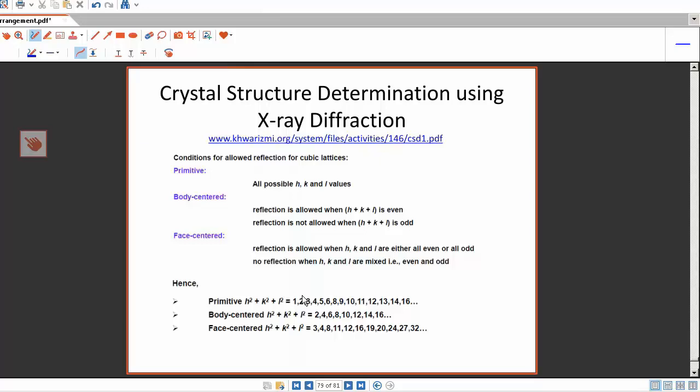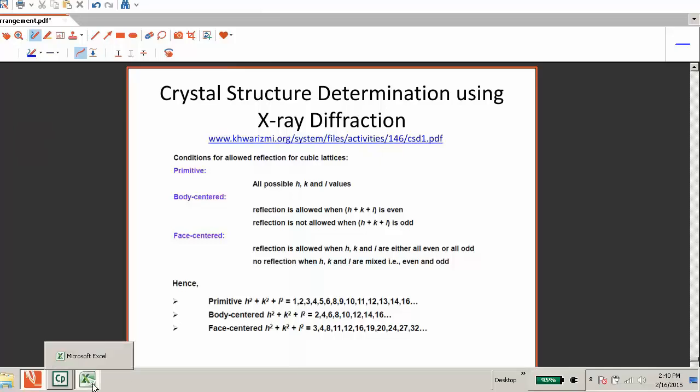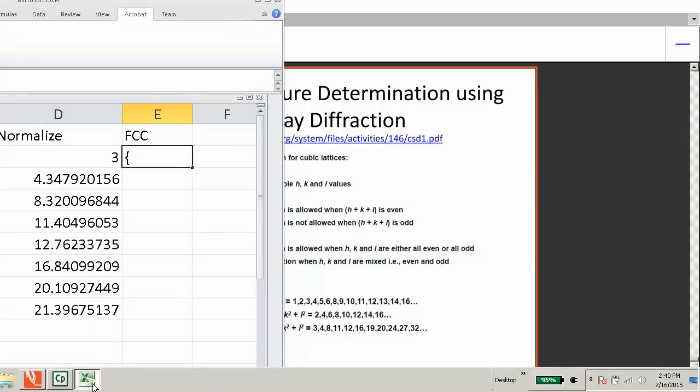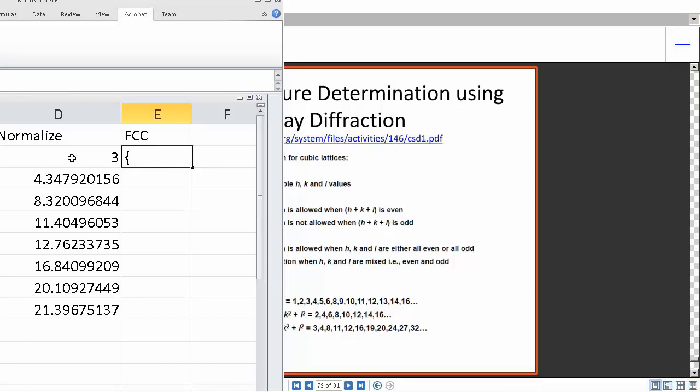So this tells us the intensity of the reflection as a function of angle. If you look up structure factors, you see how these are calculated or determined. But getting back to this, we know that the indices for the first possible reflection are going to be 1, 1, 1.